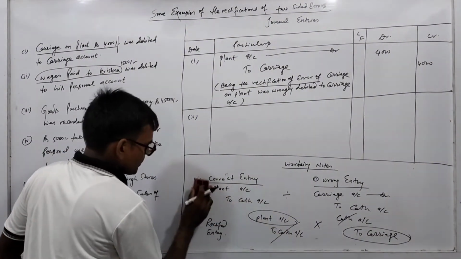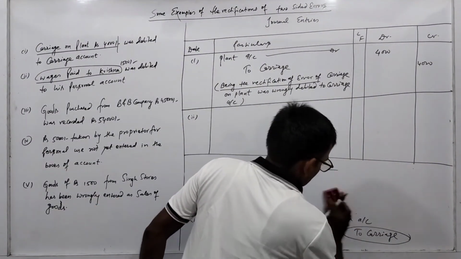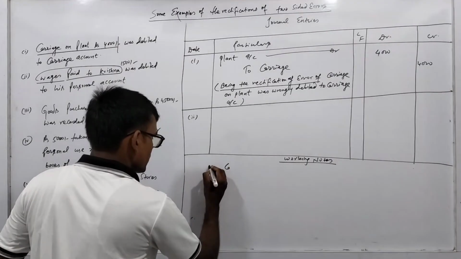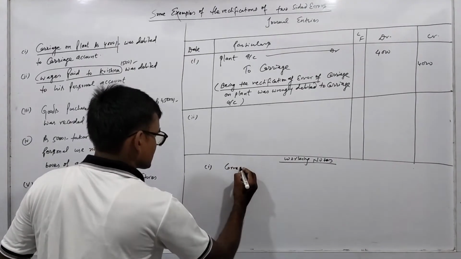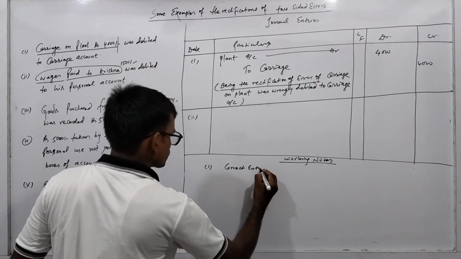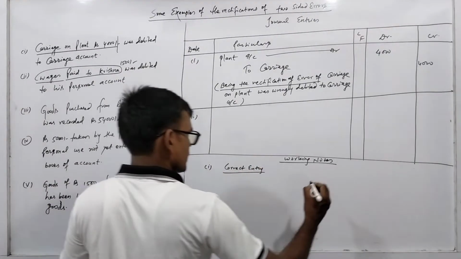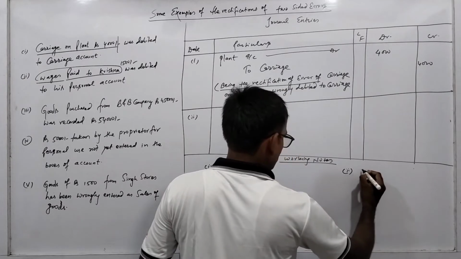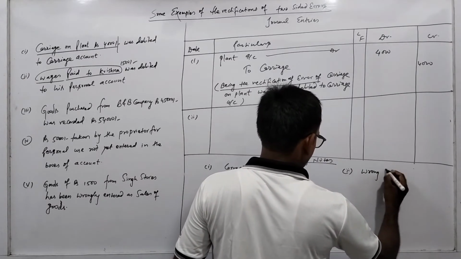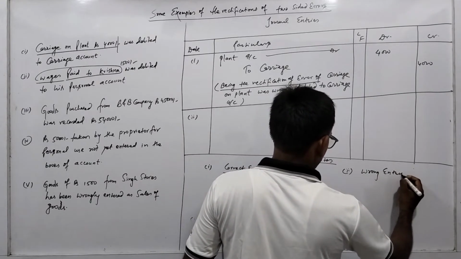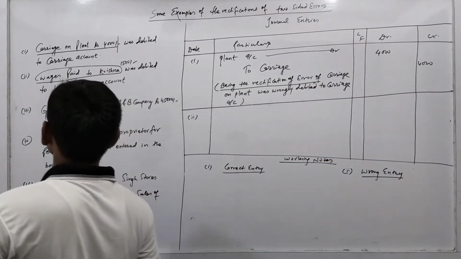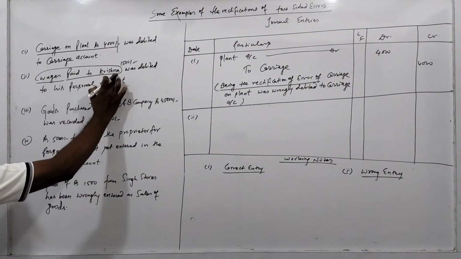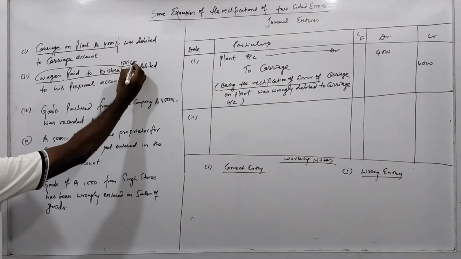So I don't have space; in the first step you have to write the correct entry. What should be the correct entry? In the second step you have to write the wrong entry. You see that wages paid to Krishna rupees 1,500.